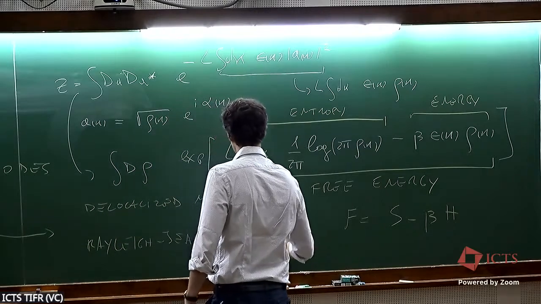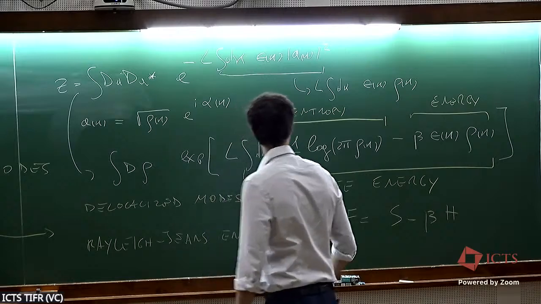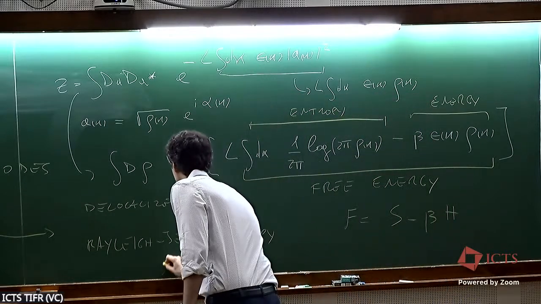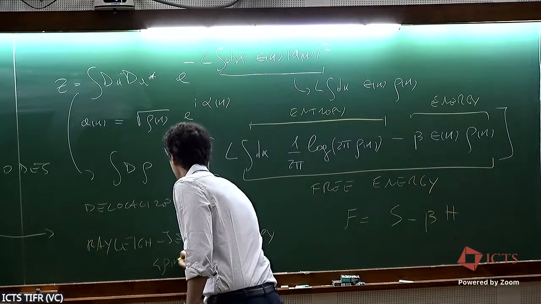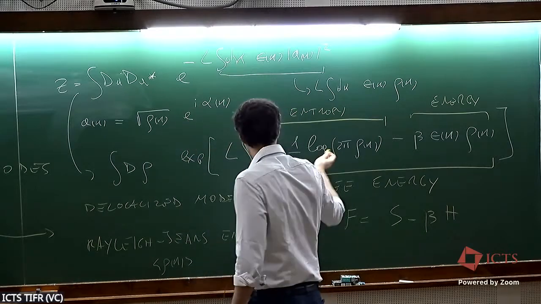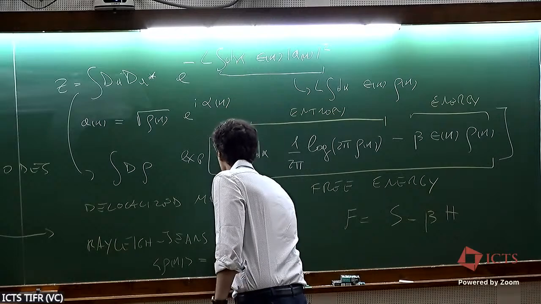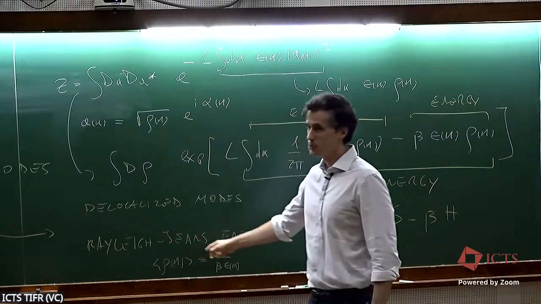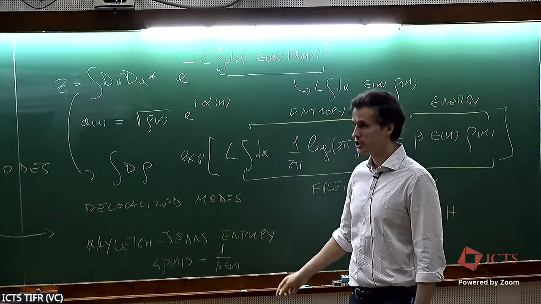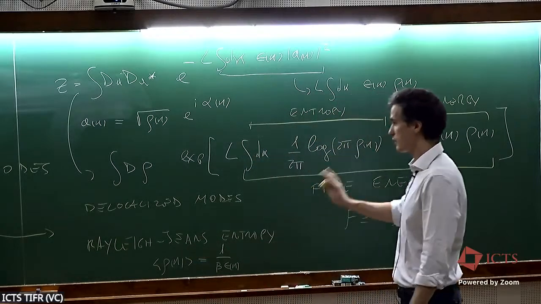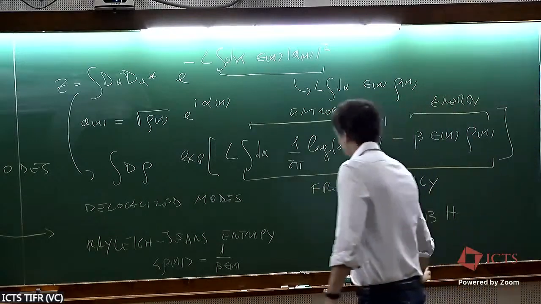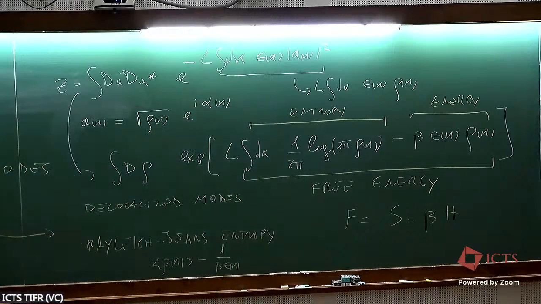I'm calling it Rayleigh-Jeans, maybe you don't recognize it directly from the entropy, but if you minimize this free energy, what you're going to find is that the expectation value, fixed by the saddle point, is just 1 over beta, the energy of the mode. That is the distribution of classical waves, the Rayleigh-Jeans distribution. So here we have a mode not localized and Rayleigh-Jeans. If you have questions, please let me know.